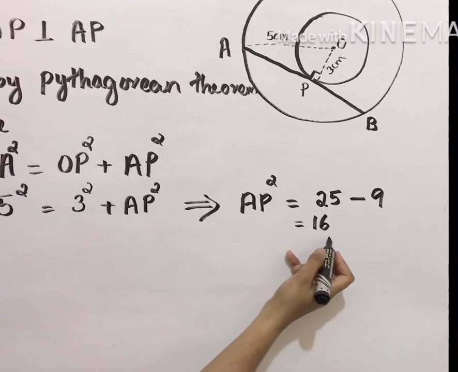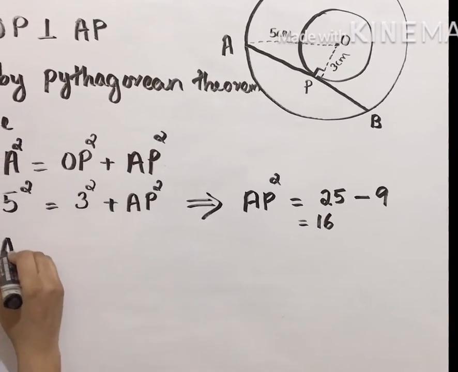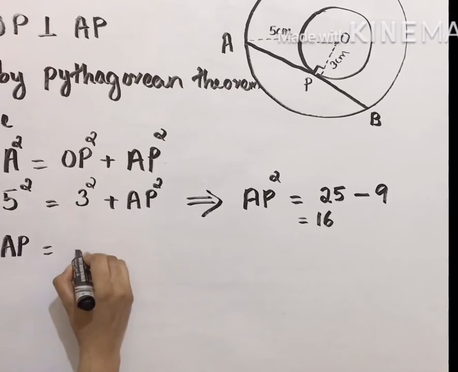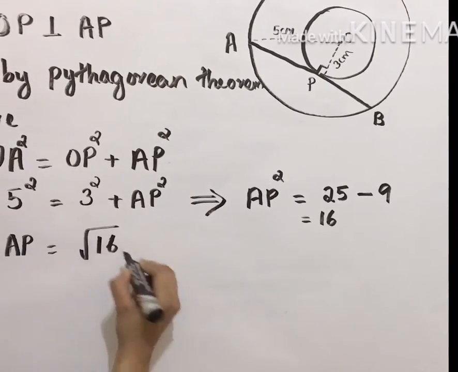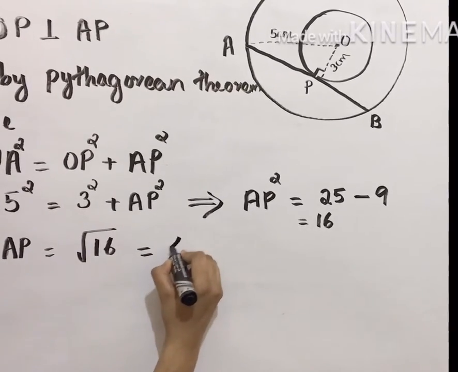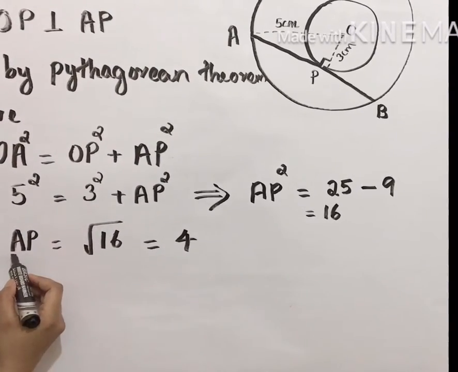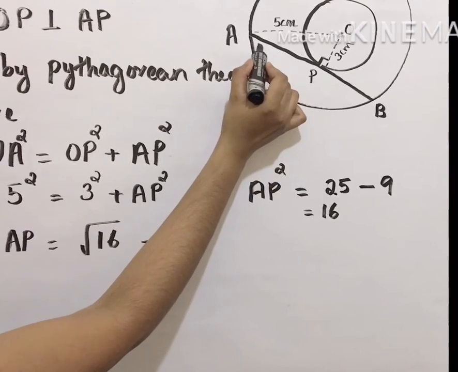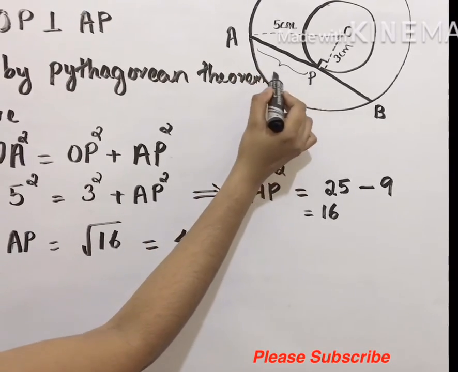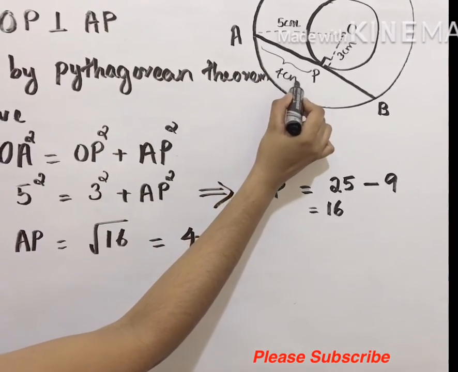AP square is equal to 16. Therefore AP is equal to the square root of 16, which is 4. So the value of AP is 4 centimeter.